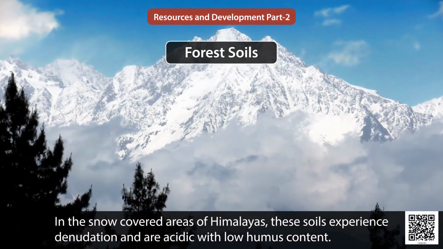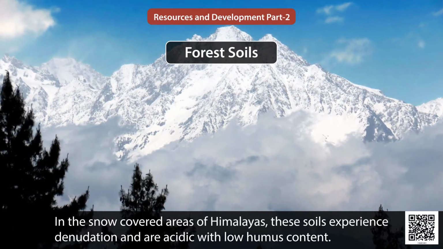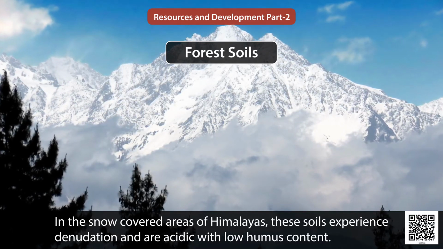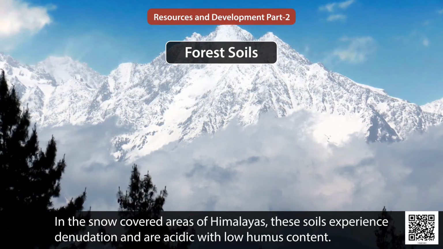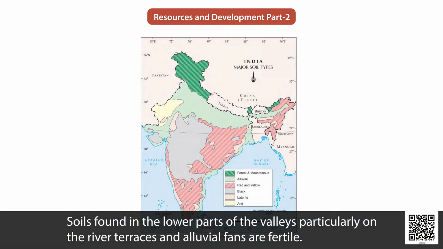In the snow-covered areas of Himalayas, these soils experience denudation and are acidic with low humus content. These soils are found in the lower parts of the valleys, particularly on the river terraces, and alluvial fens are fertile.